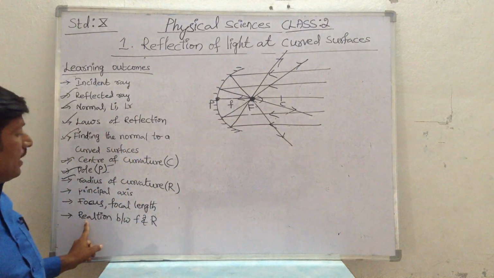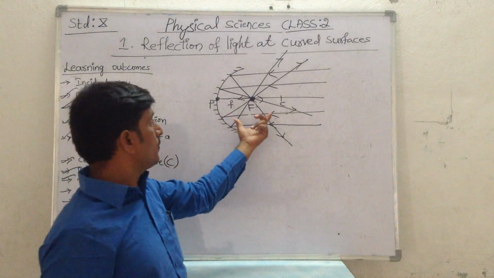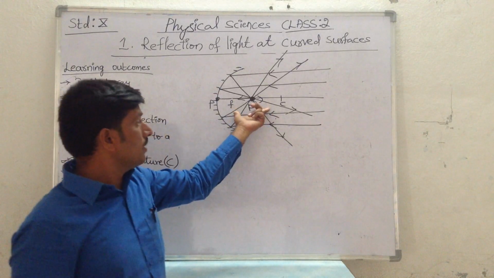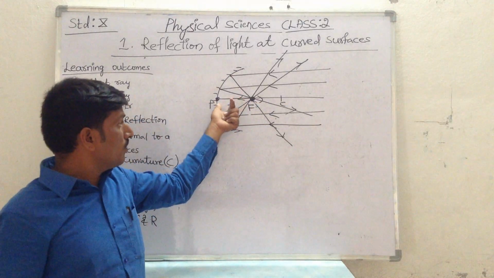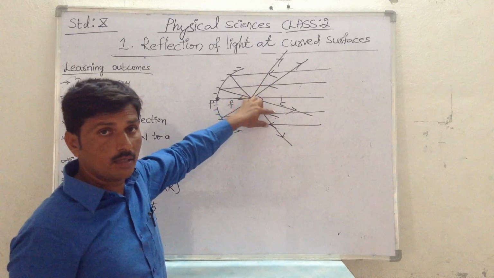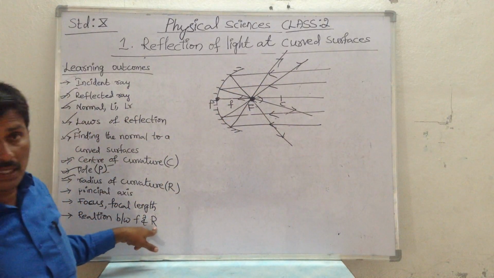Next one is the relation between the focal length and the radius of curvature.